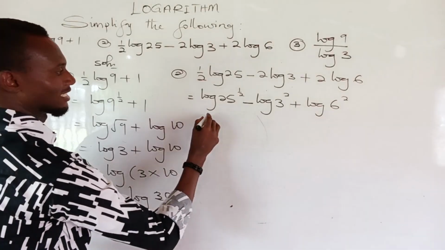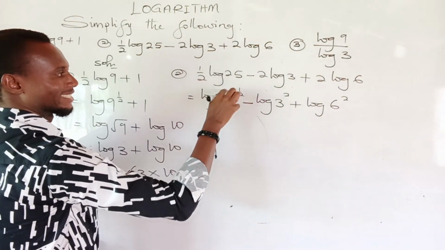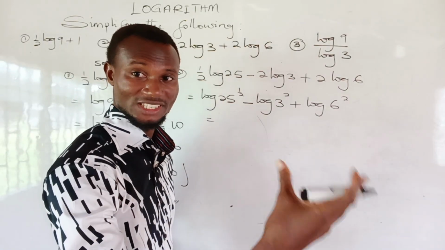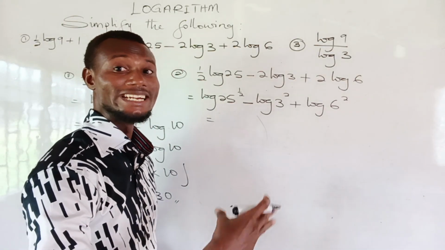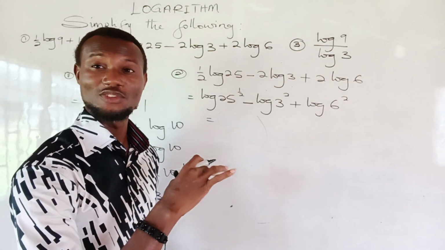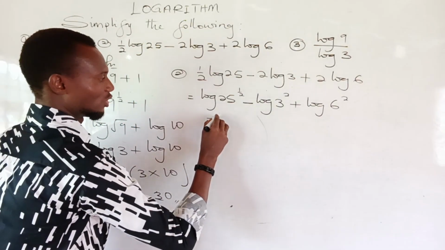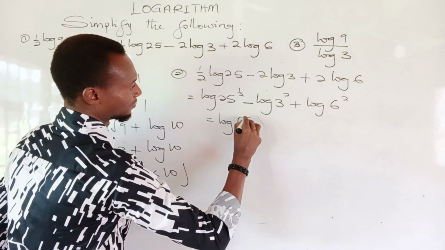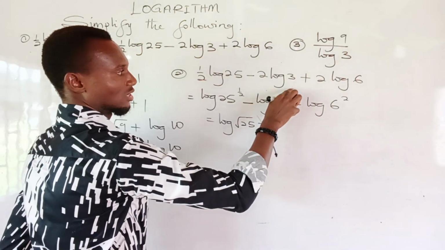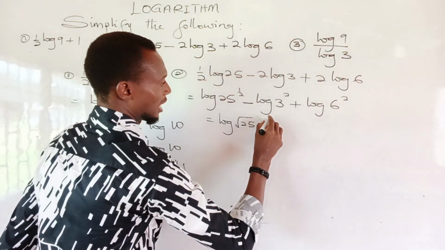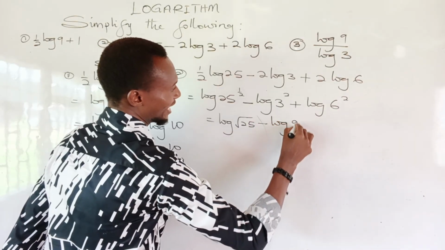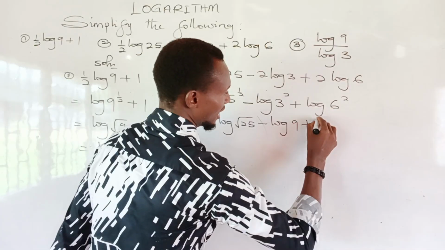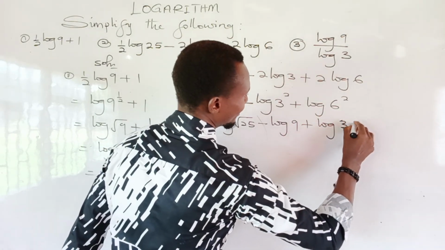Now, let's go ahead and simplify further. Now, 25 to the power half means square root of 25. I've explained to you that any number to the power half simply means the square root of that number. So it's going to be the log of square root of 25 minus, now 3 to the power 2 is 9, so I'm going to have log 9 plus 6 to the power 2 is 36, so I'm going to have log 36.